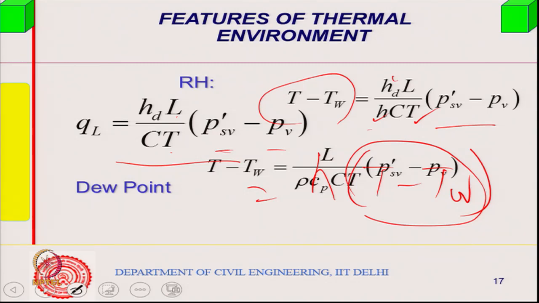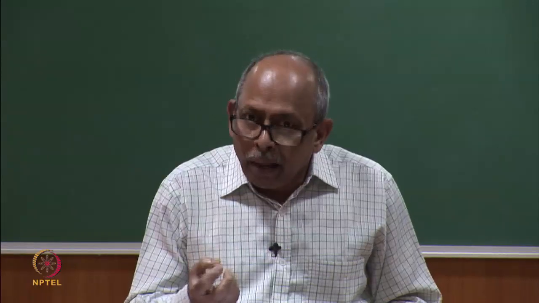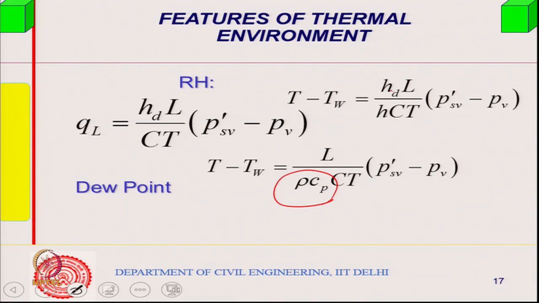So, what is dew point? Dew point corresponds to this, and anyway this is Tw, and Hd by H can be related to rho into specific heat, because that is the amount of, this is basically sensible heat transfer, and this is latent heat transfer; the convective heat transfer was sensible heat transfer.